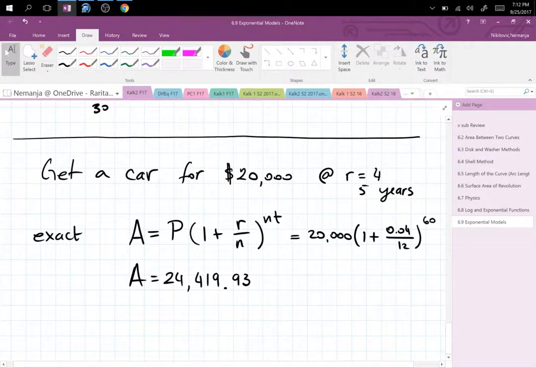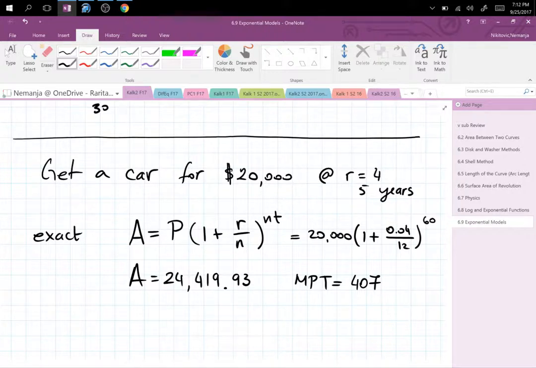I am going to divide this by 60 to get the monthly payment of 406.99, so 407. Okay, 406.99, and then the next decimal is 8, so that rounds it up, so 407.